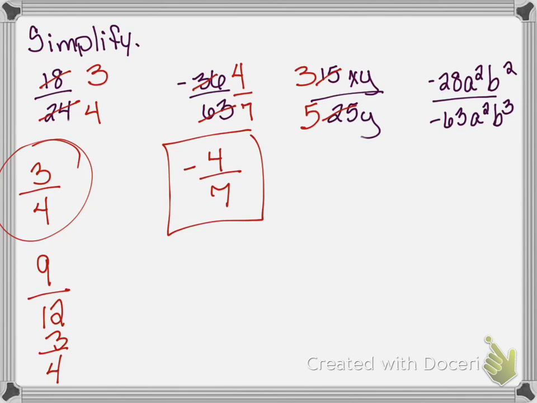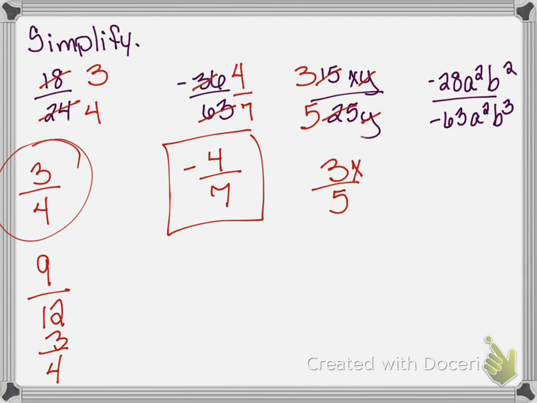Now I focus on the x. Is there an x in the top and the bottom? No. So I leave the x alone. Now I focus on the y. Is there a y in the top and the bottom? Yes. So I am able to mark that out. My answer here is 3/5 x.